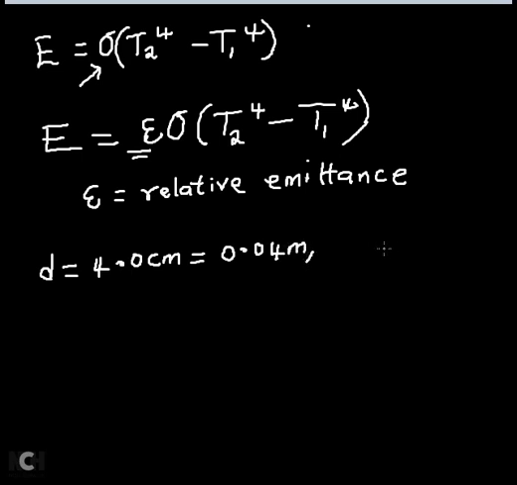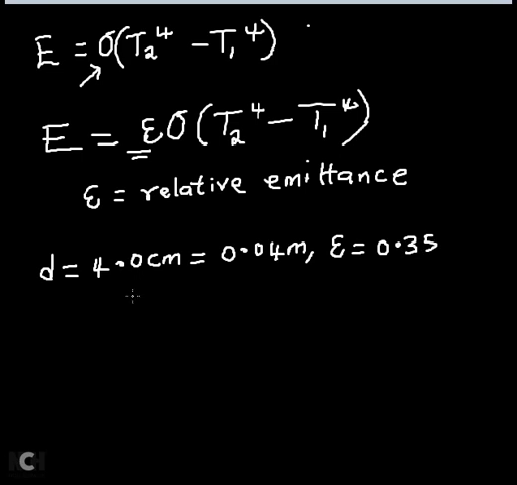Let me continue the question. And emissivity. The emissivity here is the same as the relative emittance. So the emissivity epsilon is given as 0.35.